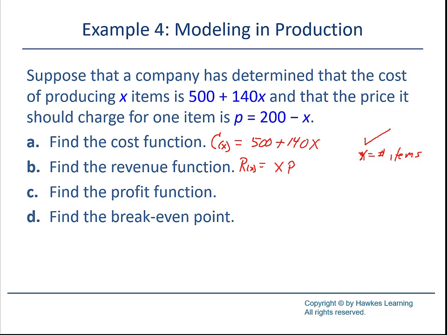Very simple. However, P equals 200 minus X. So for this particular case, our revenue function will be X times P, which is 200 minus X. Rewritten, our revenue function is 200x minus x squared.